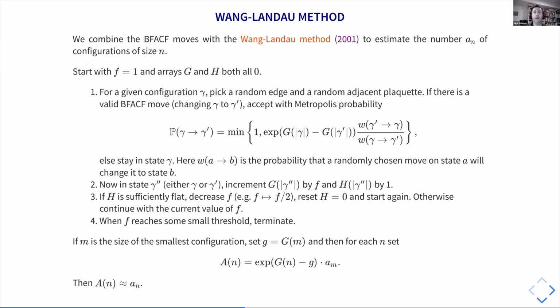The Wang-Landau method is basically a method which is trying to sample, in some sense, uniformly across a set of states. It's been known for a while. It's used a lot in mathematical physics and statistical mechanics.